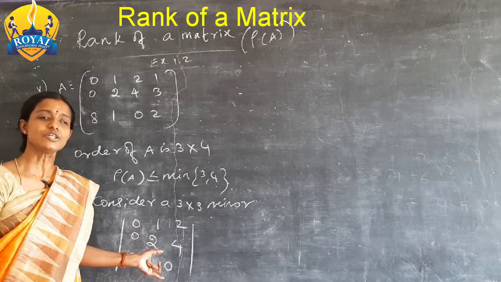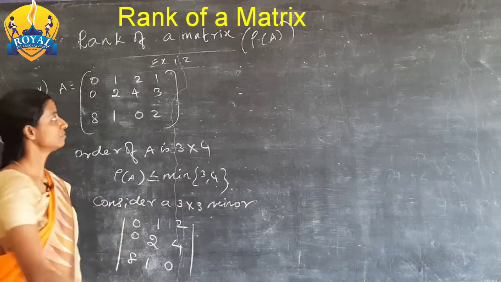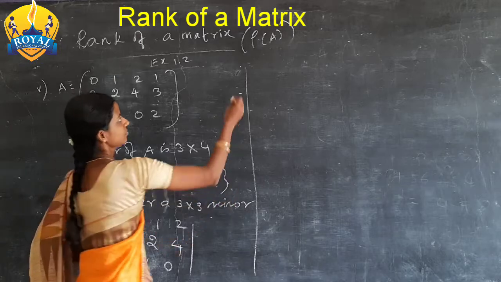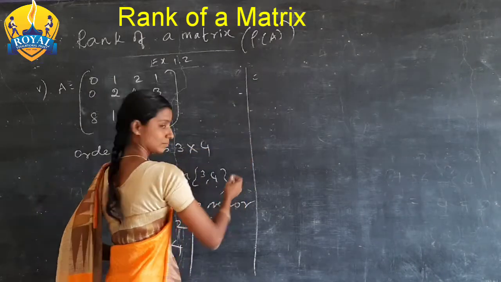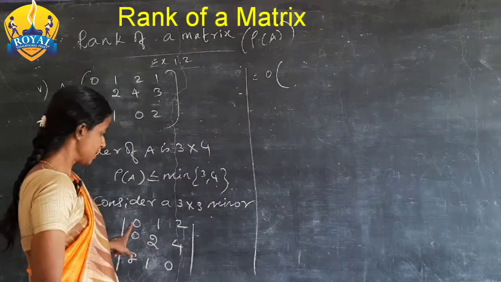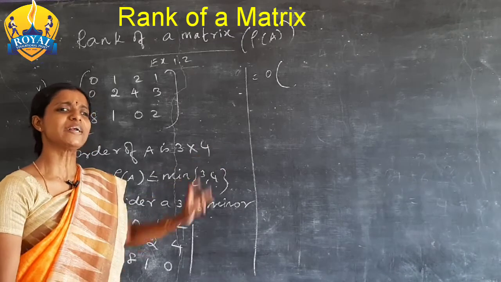If it is not equal to 0, here itself I can directly write my rank is 3. So let me expand. Shall I go for direct expanding here?